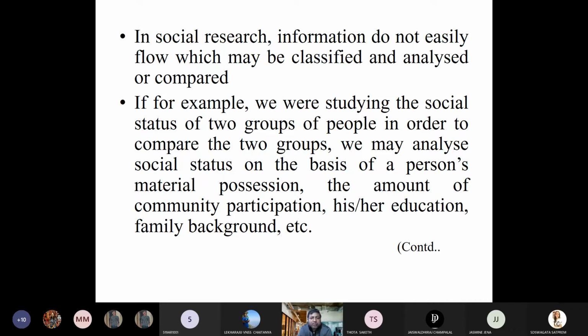Material possession is not the ultimatum. Along with that, we need the amount of community participation, his or her education levels, his family background; all these things we also calculate while calculating his social status in the society.